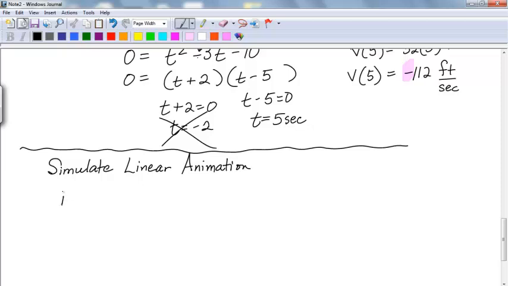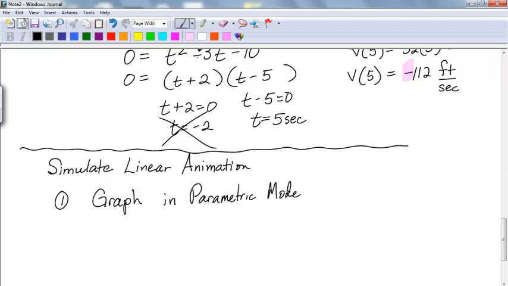First, if I ask you to graph in parametric mode, they're going to do vertical first, linear animation.